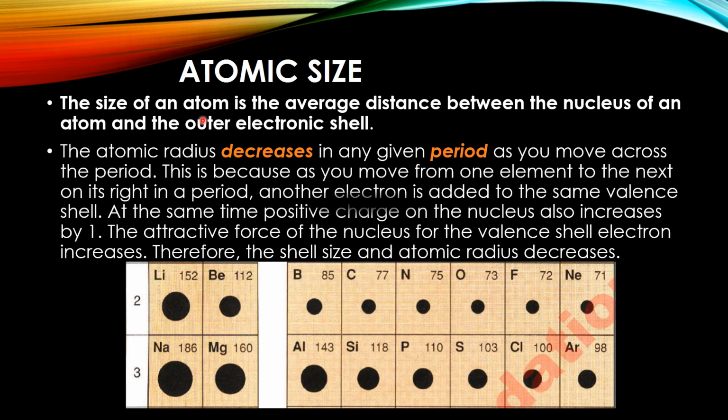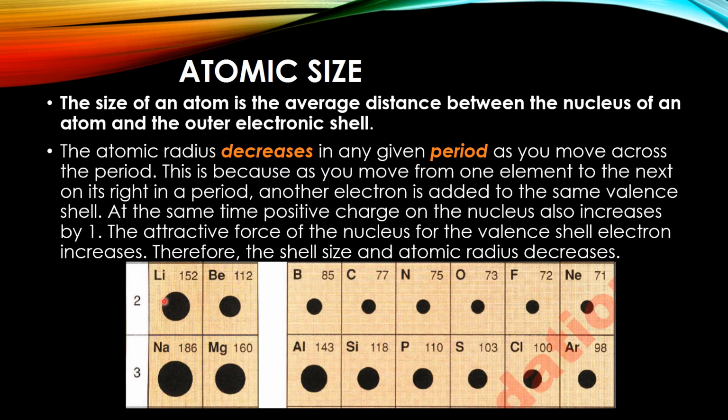Here you can see that when you are moving in a period from lithium towards beryllium, then boron, carbon, nitrogen, the size goes on decreasing. And what is the reason for that? Atomic radius decreases in any given period as you move across the period because when you move from one element to the next on its right in a period, another electron is added.